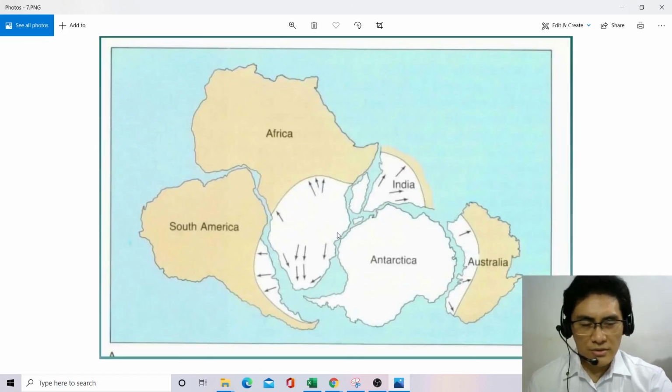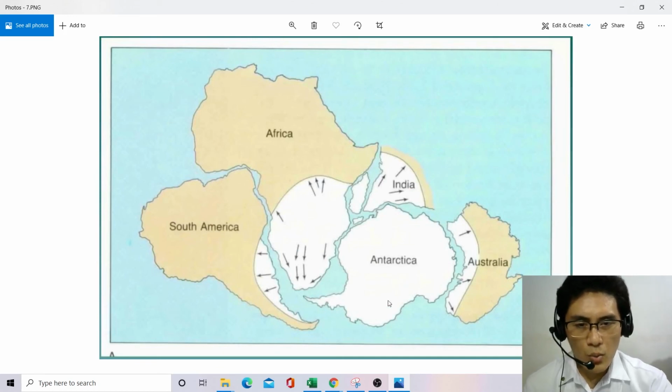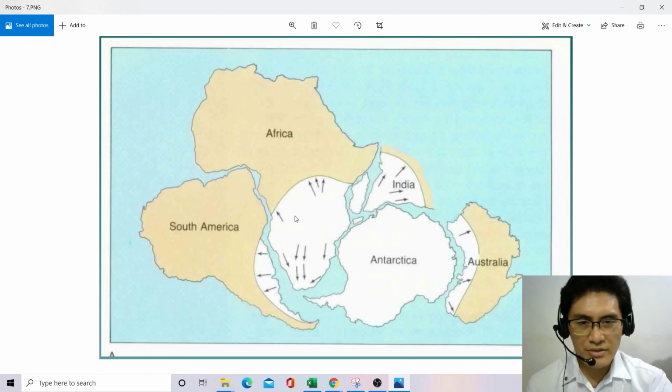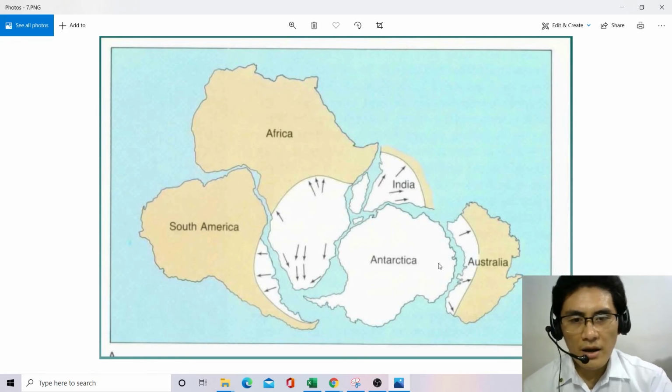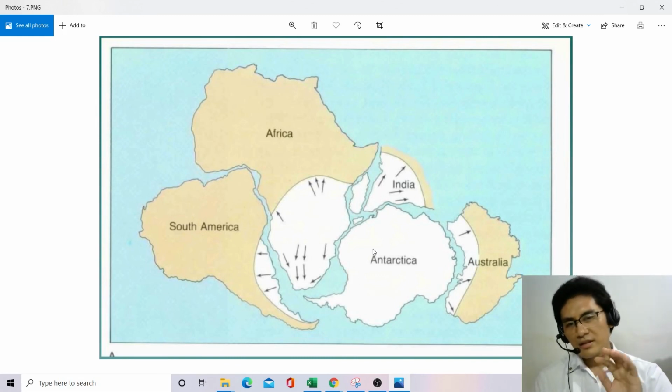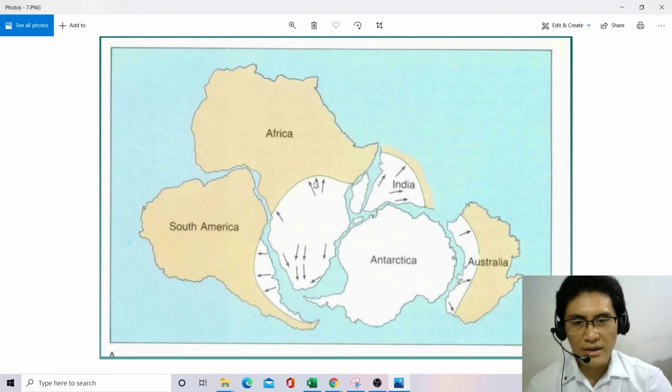By the way, this is also an addition to evidences from rock. When Antarctica was here a few million years ago, or hundreds of millions of years ago, it's thought to be connected to South America, Africa, India, and Australia. And when these glaciers migrated, they can actually form scars on the rock underneath it.